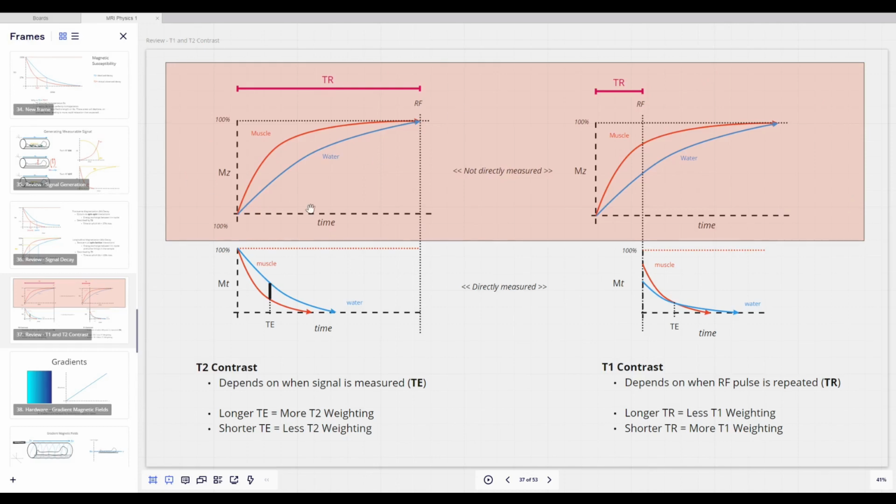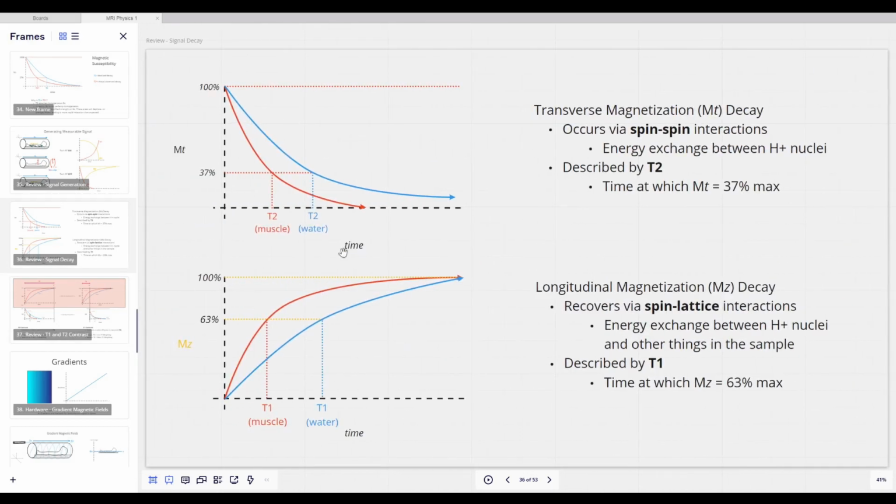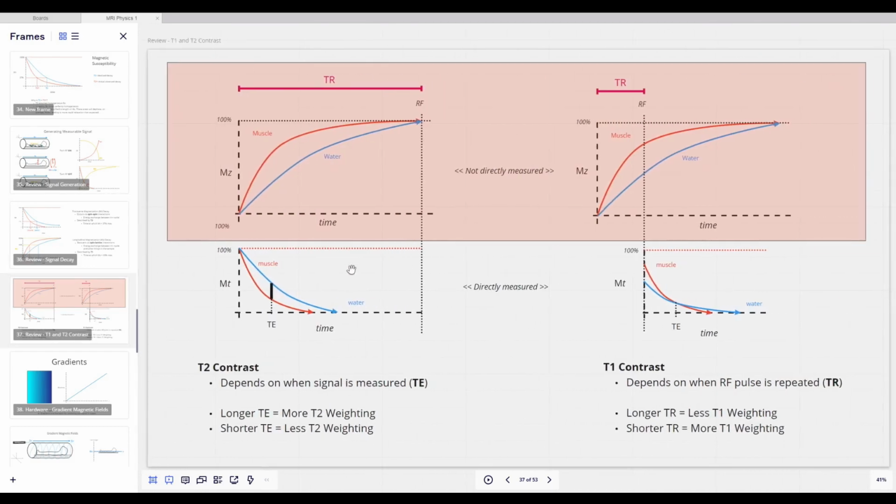Remember, this is not something we can directly measure, because it's in the longitudinal direction. All we can directly measure is what's in the transverse direction. So we can measure the difference in T2 directly, but not T1.